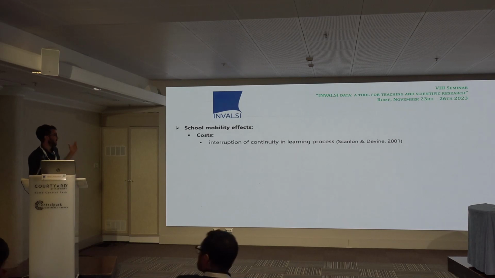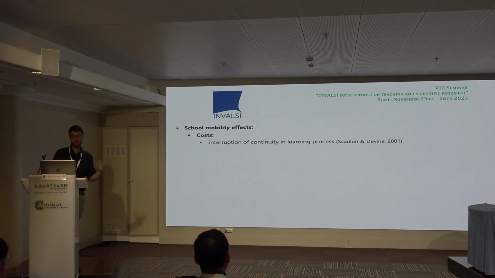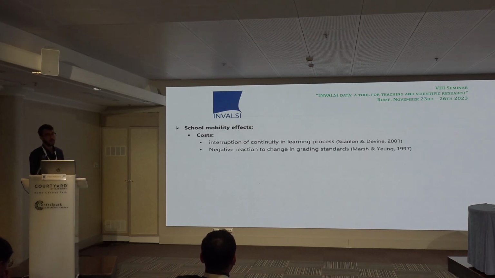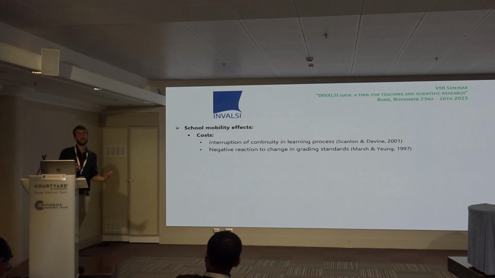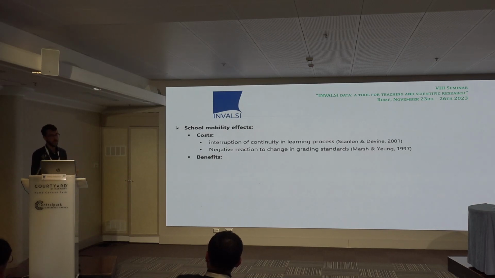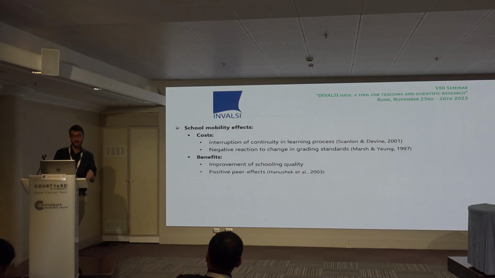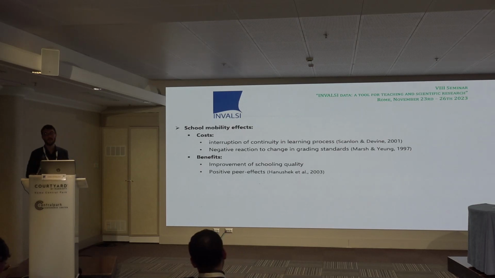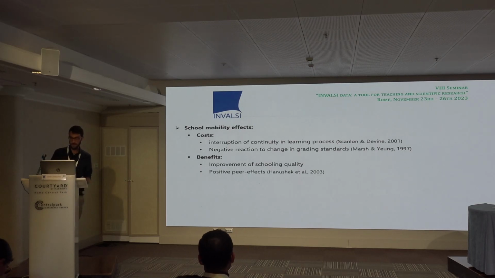In particular, it is related to the interruption of the continuity in the learning process, but it can also be linked to some negative reactions of the student to changes in the programs and in grading standards. However, school mobility has also been found to have a positive effect on students' achievement because, for example, of the improvement of school quality, or the effect of peers.